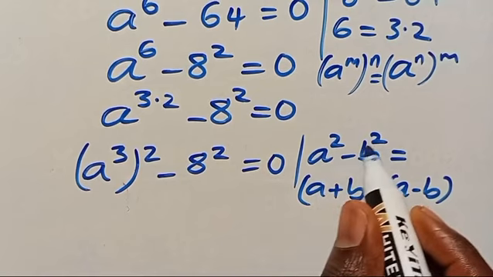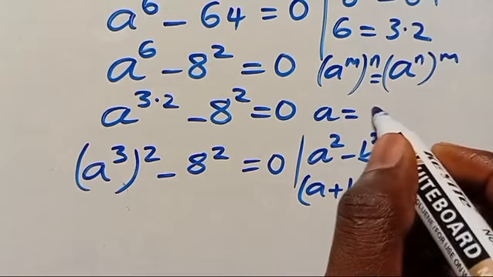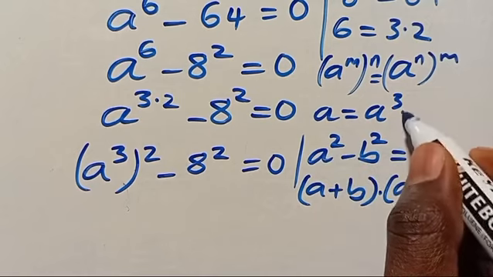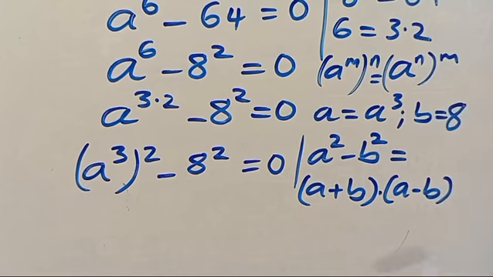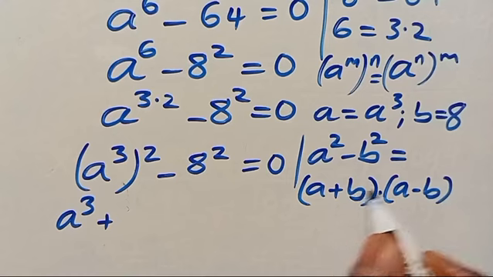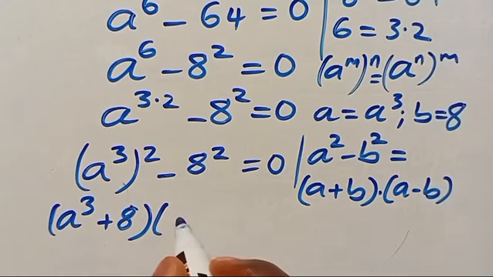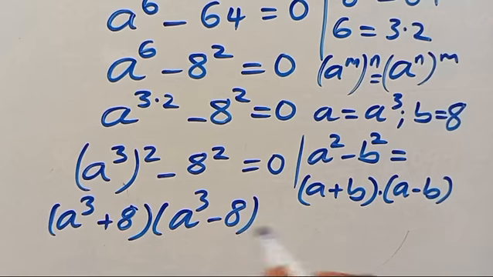So when we compare, we will discover that our a will be a to the power of 3, and our b will be 8. So we have a to the power of 3 plus 8, multiplied by a to the power of 3 minus 8, equals 0.